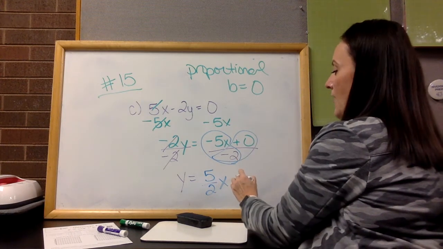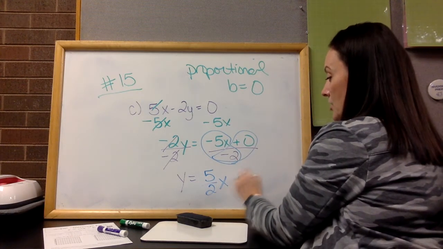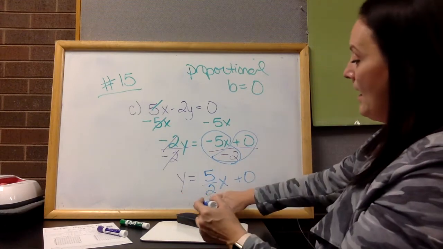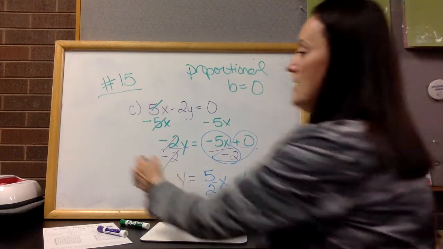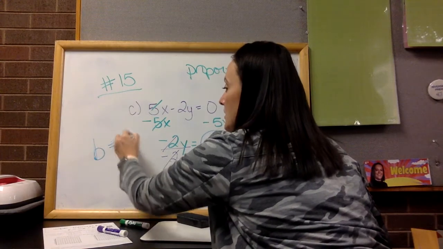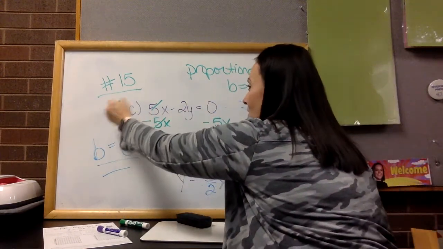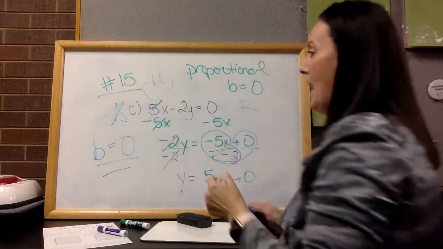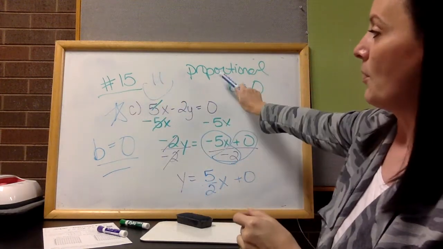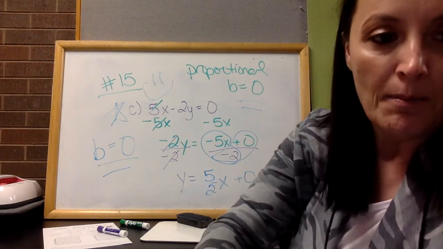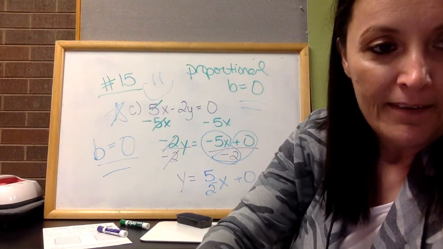And then 0 divided by anything is just 0. And I can write that 0 in there if you want, or you don't have to. mx plus b. So I got b equals 0. Since b equals 0, here's my lucky answer. This is the one I want. This is the one that makes me happy. That's the one that is proportional since b equals 0. So there is number 15.